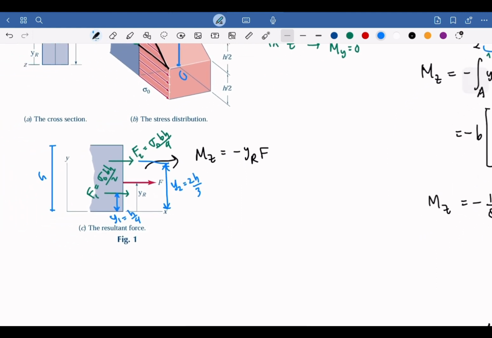So we could also see that F1 Y1 plus Y2 F2 is YR F. If we compute F1, F2, and multiply everything, this should be equal, and we get the YR will be 7 over 18 H. If we take all the stuff and make it into these equations, we get YR should be 7 over 18.